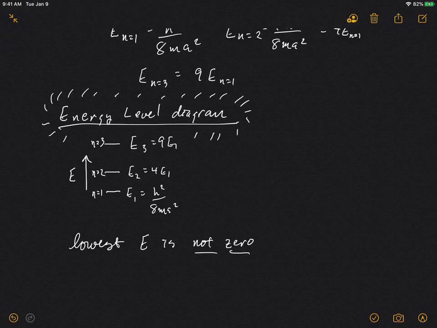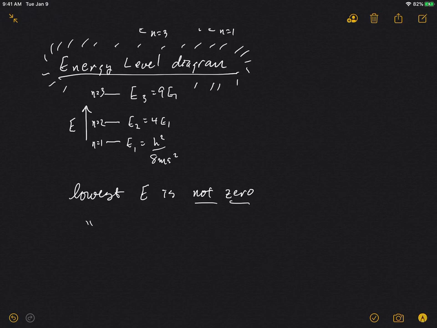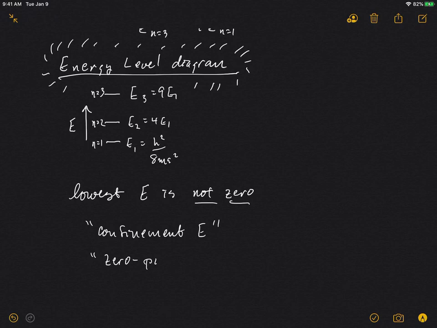So there is what's called a confinement energy, or a 0-point energy. 0-point energy is more associated with vibrations, but you can use 0-point energy in this context. Anyways, they're two closely related concepts.